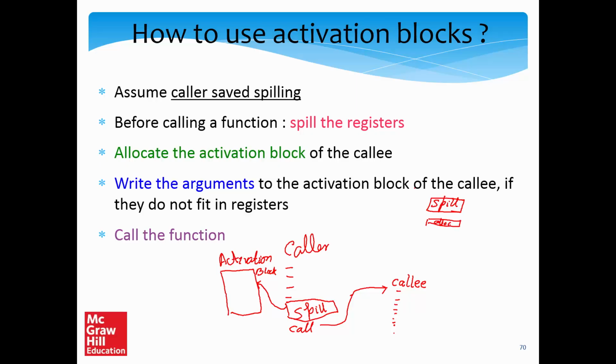I'm writing alloc. Then it writes the function arguments to the activation block of the callee function. And then we have the call instruction where we call the callee.